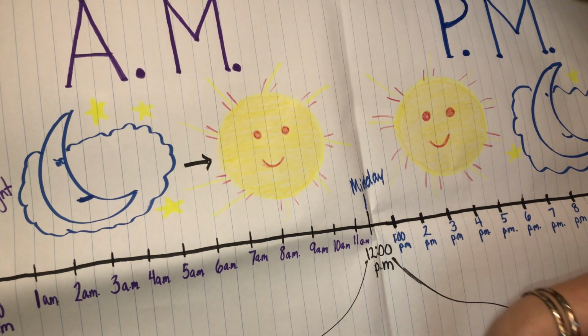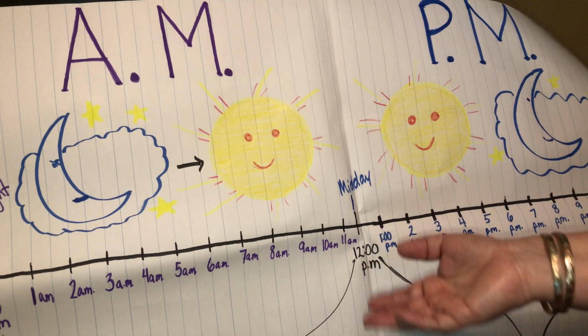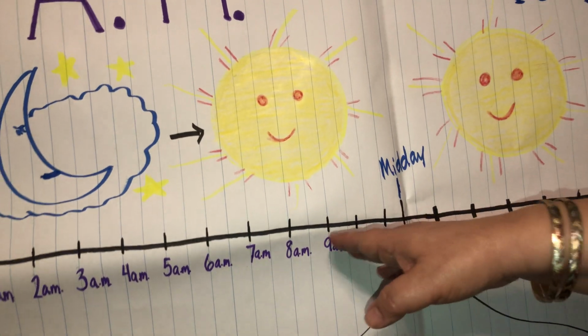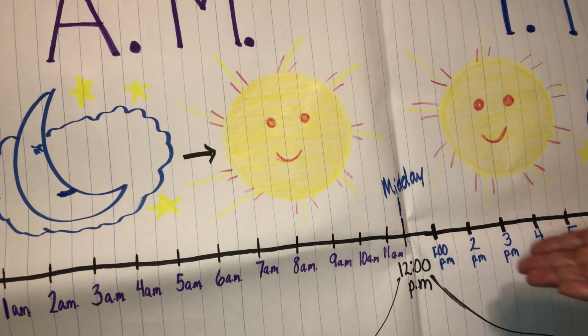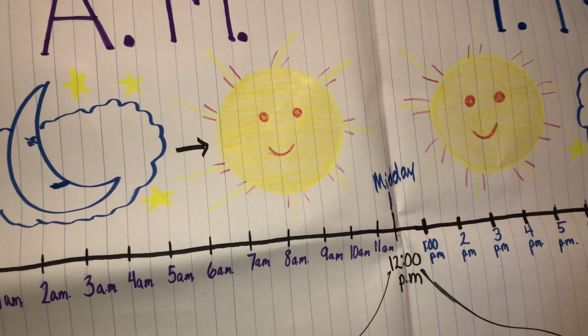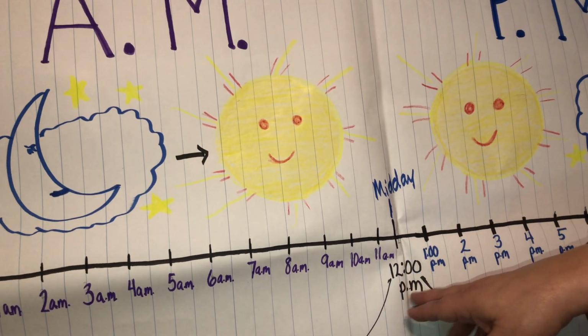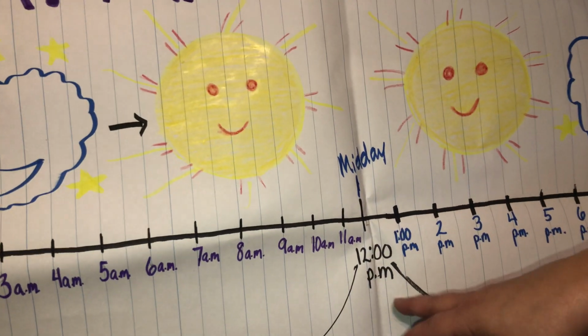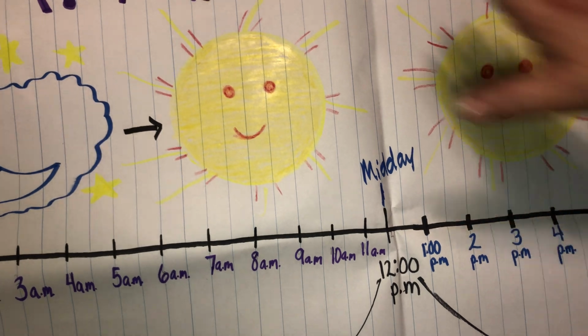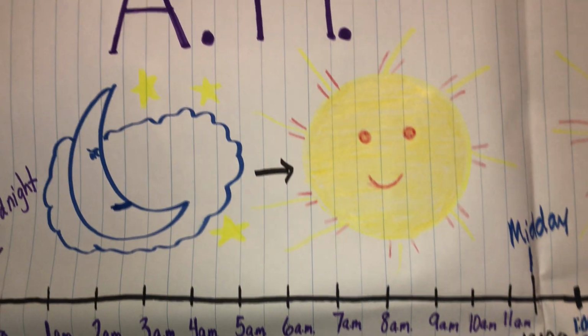And of course, 8 a.m. is when our school day begins. 9 a.m., we're learning. 10, we are almost coming to an end of our recess. 11 a.m., we're learning. And 12 noon or midday, 12 p.m., is when we are already thinking about lunch. So that was our first 12 hours.